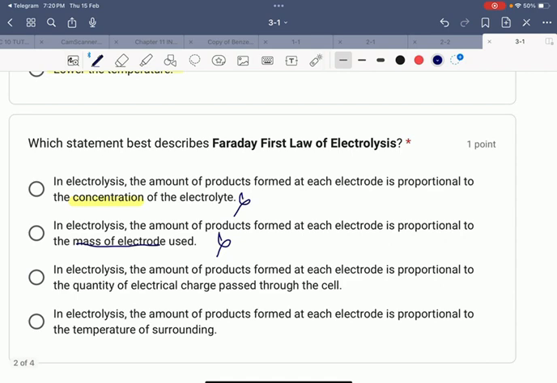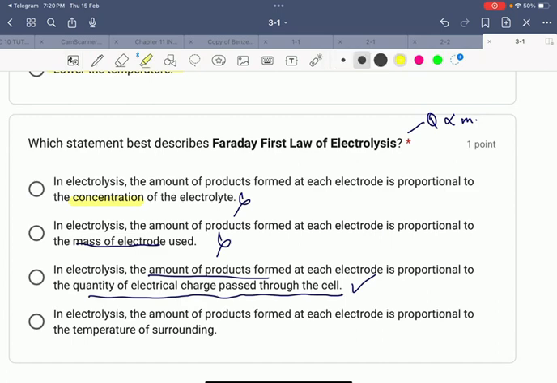The amount of product formed at each electrode is proportional to the quantity of electric charge passed through the cell. This is correct. Faraday's law relates Q and mass, the quantity of charge and the mass of product. So the best option is option number 3.